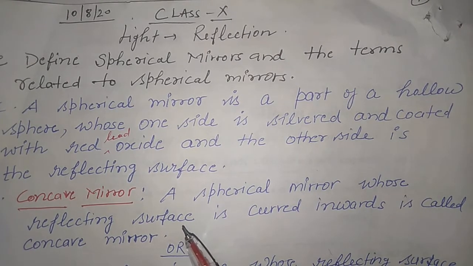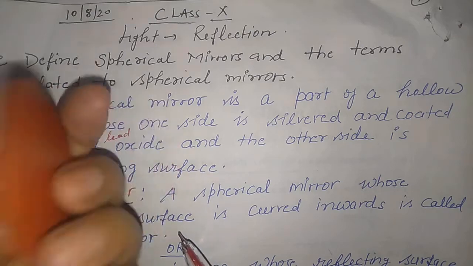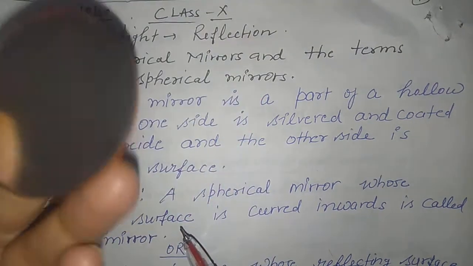Just like I am having a mirror here, this is a part of a hollow sphere. A hollow sphere is like this, and this is its surface. If we cut like this, this is the mirror, a spherical mirror.